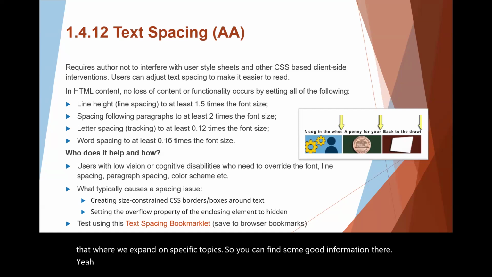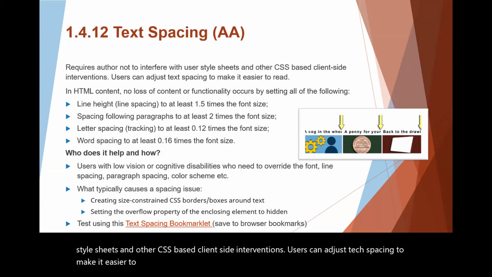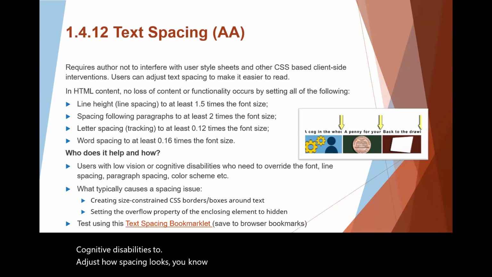All right. Next is 1.4.12 text spacing, and it requires authors not to interfere with user style sheets and other CSS-based client-side interventions. Users can adjust text spacing to make it easier to read. It is very common for people with low vision or cognitive disabilities to adjust how spacing looks: word spacing, font spacing, line height.